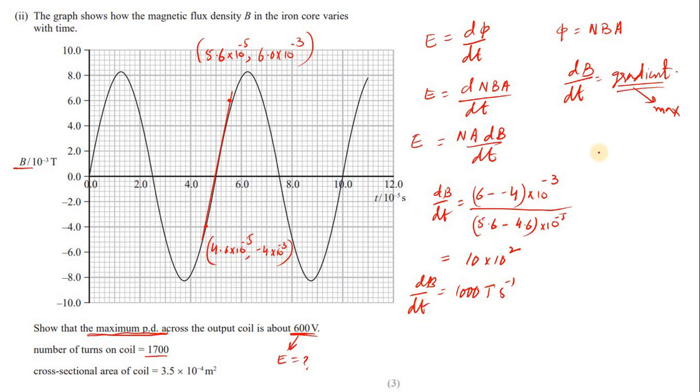So EMF would be 1000 × 1700 × 3.5 × 10^-4. So EMF would be equal to 595 volt, which is about 600 volt. If you choose the other point and draw the tangent, you can have a negative value. So you ignore the negative value and then you have your maximum EMF.